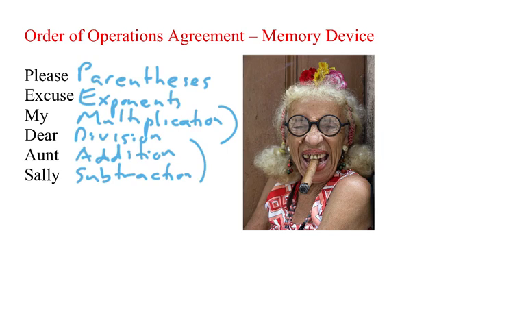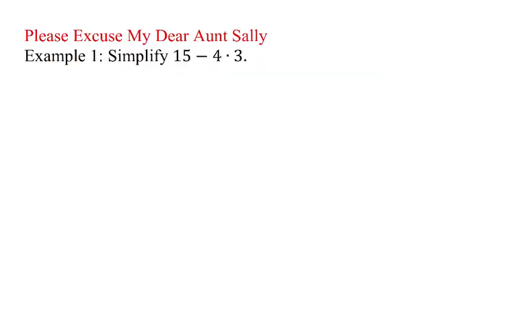So let's go back to the example that we had a minute ago, and now we know what the correct response is. This statement has a subtraction and a multiplication. Not every mathematical statement will have all the different operations. There's no exponents, there's no parentheses, for example. But we look at the operations that are there and we find them in the statement, please excuse my dear Aunt Sally.